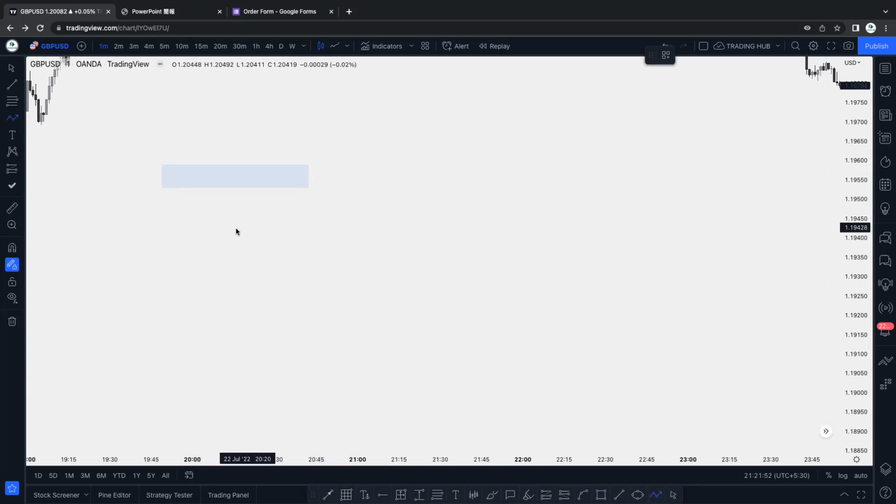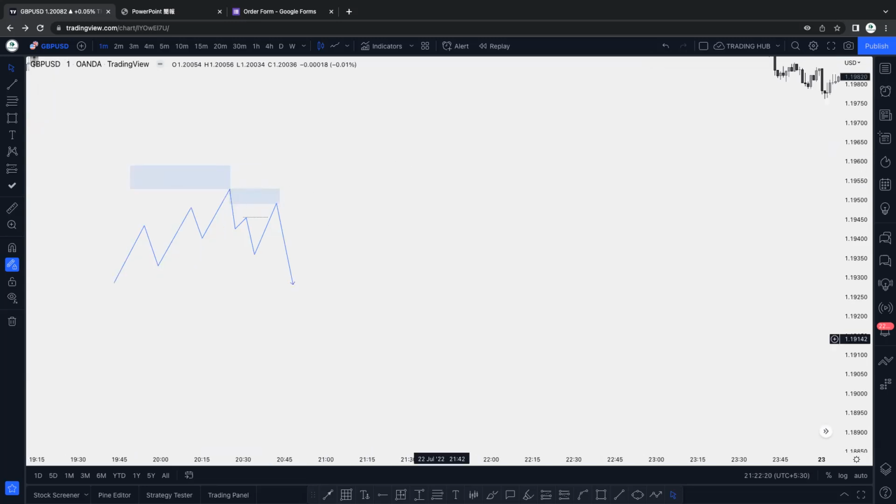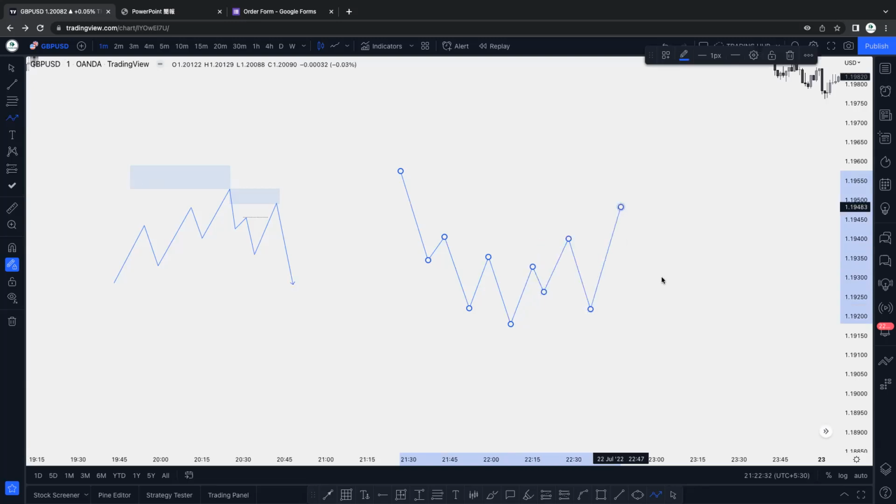In entry type 1, price must mitigate the supply zone, and then we can sell after taking out this inducement. This is a general type of entry, where the market must mitigate any supply or demand zone. The same thing applies to a buy case: the market mitigates a demand zone, pushes higher, takes out this inducement and goes higher, so we can buy here.